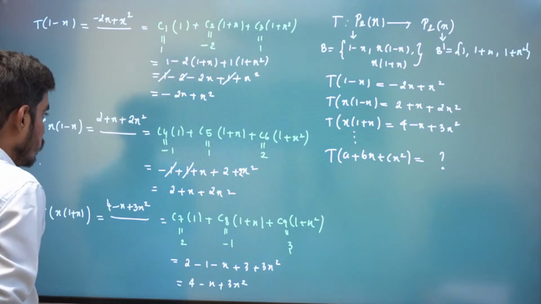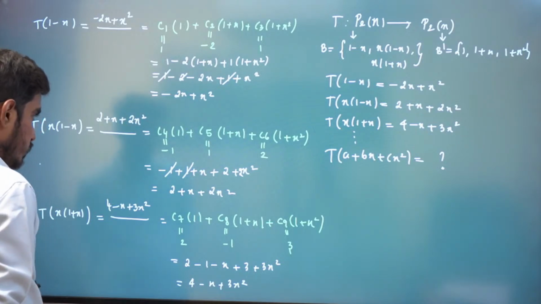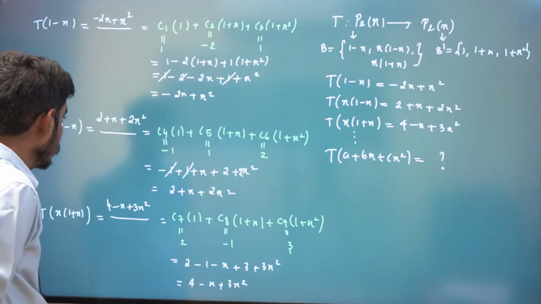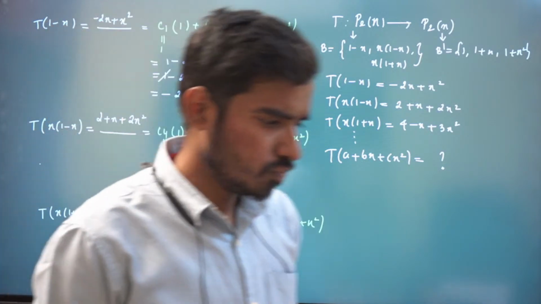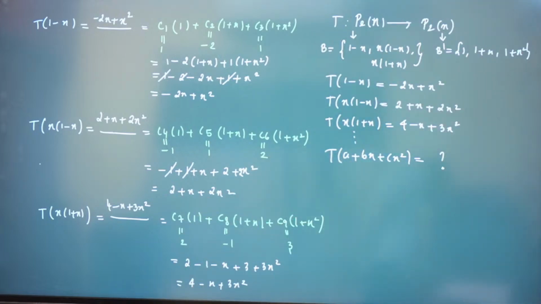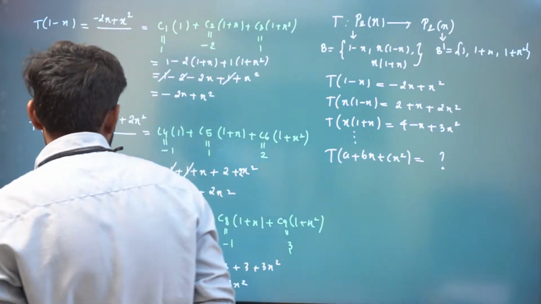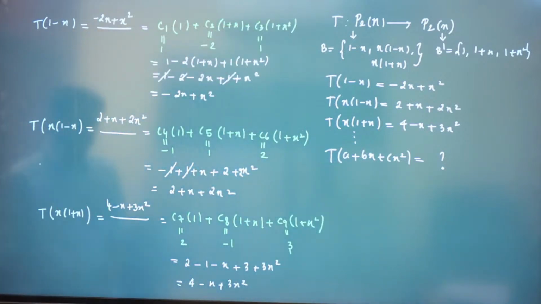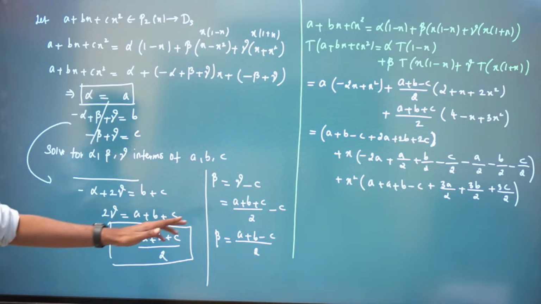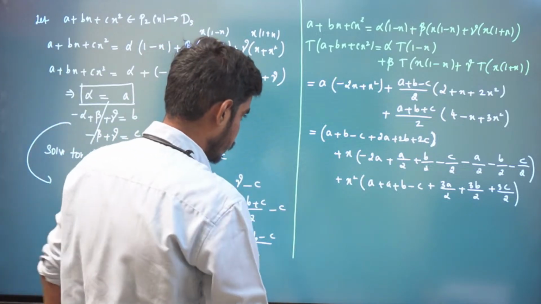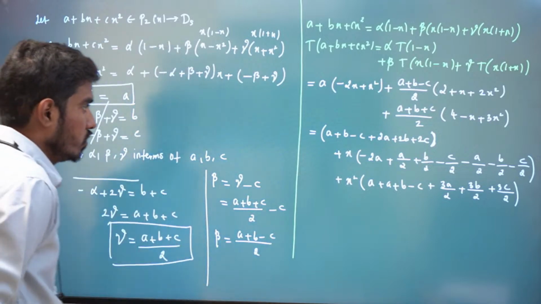So minus 1 plus 1 plus x plus 2 plus 2x square. So 2 plus x plus 2x square. That only, I think, right? 2 plus x plus 2x square. That only, I think. Or else we will see whether we are getting the answer or not. Otherwise we will check.